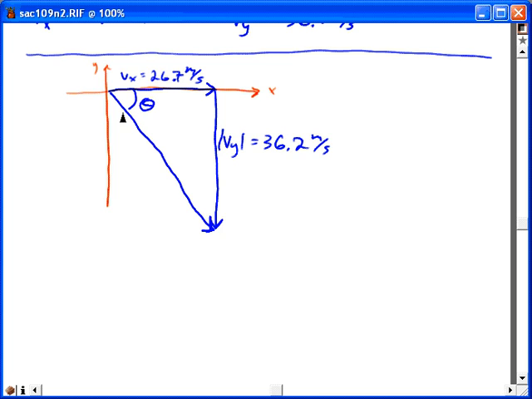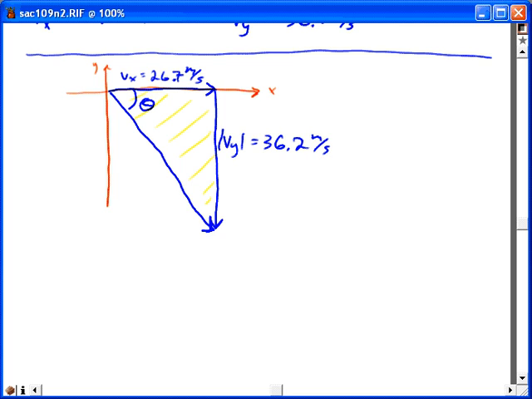I deal with legs of the triangle that have positive values. When somebody says the tangent is the opposite over the adjacent, what does that mean if the opposite has some negative length? We're not even going to think about that. We always will deal with what we're familiar with, triangles that have sides of certain lengths, and the lengths have meaning to them. And in this case, the length of this side is 36.2 meters per second.